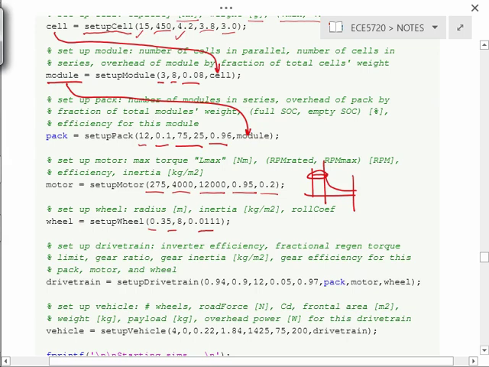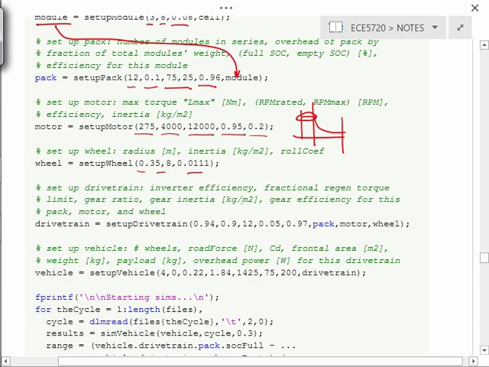And then we set up the entire drivetrain. We give an inverter efficiency, what is the fraction of the braking that's done by regen as opposed to friction brakes, what is the gear ratio, what is the gear inertia, what is the gear efficiency, and then I also pass in the data structures for pack, motor, and wheel that we have already built up.